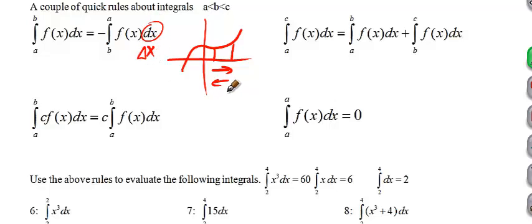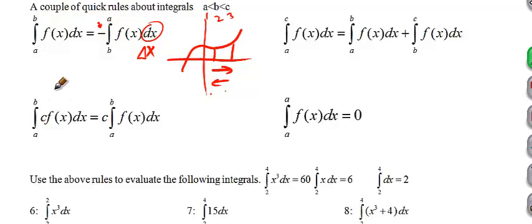Think of it like a is less than b, which is less than c, so we can just go like 1, 2, and 3. So from a to b, 1 to 2, if you do 1 minus 2, you get negative 1. If you do 2 minus 1, you get a positive 1. So the order matters. And if you were to just flip the integral around, a to b, b to a, you would get the same thing, just opposite.